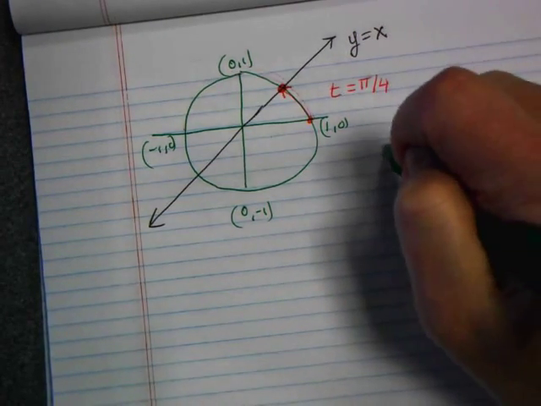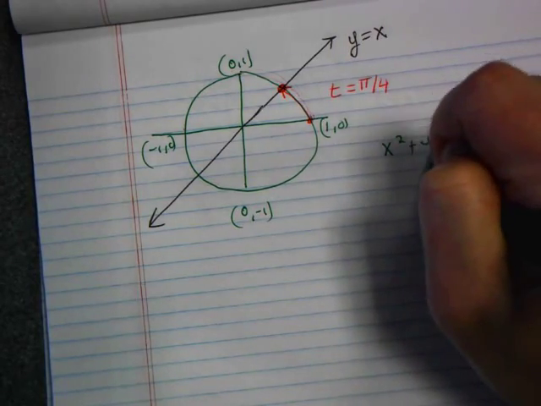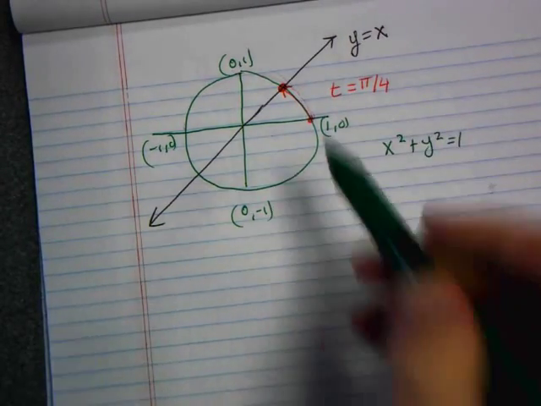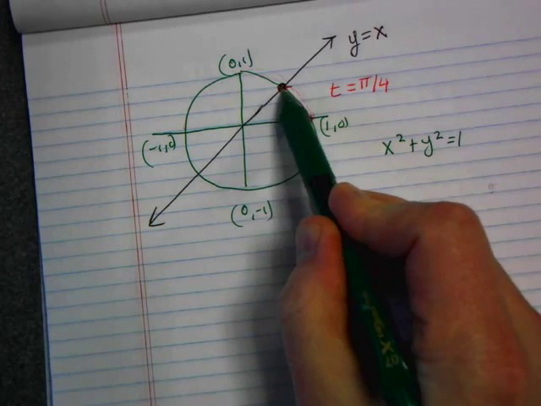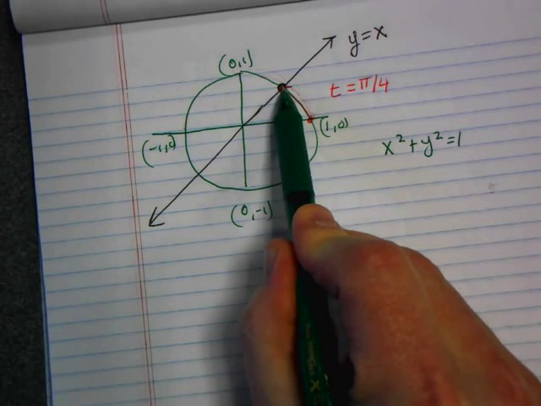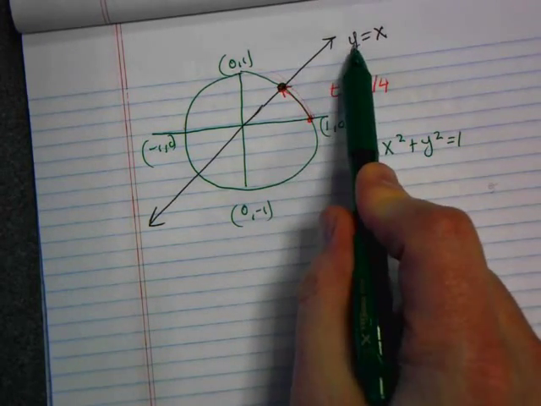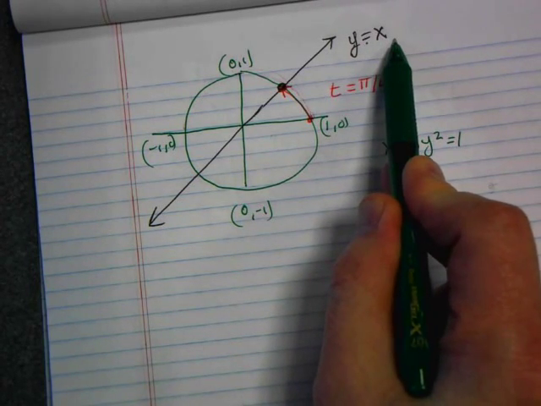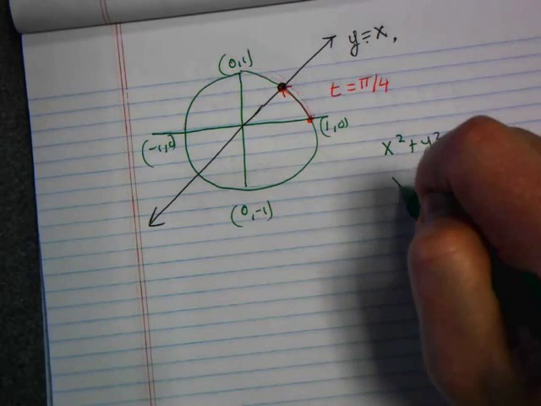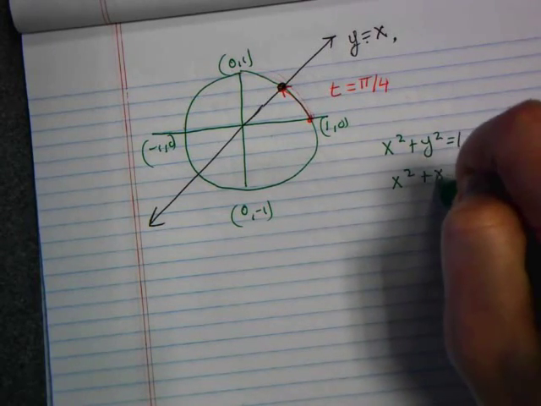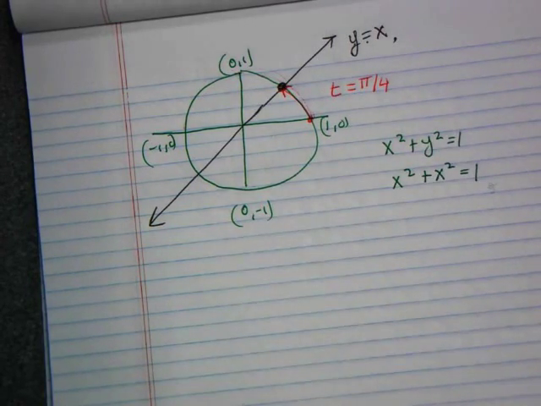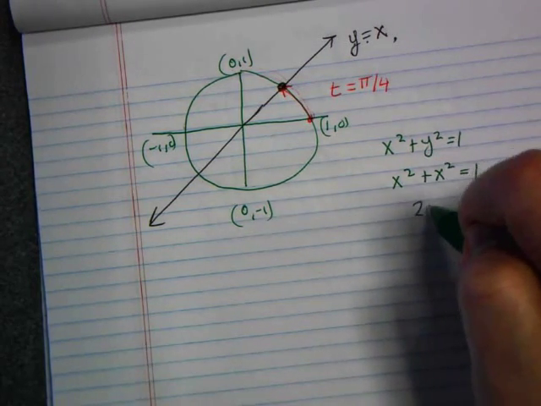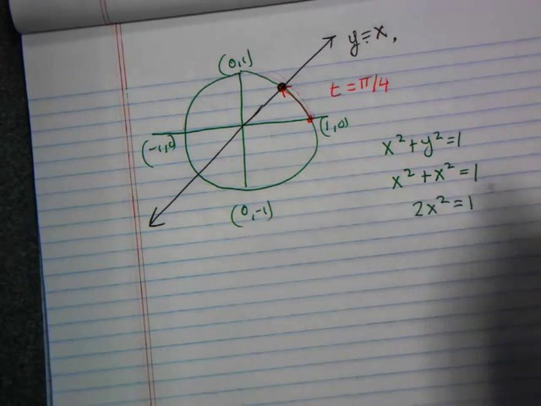Remember what our equation was again? This is x squared plus y squared equals 1. But if I'm right here, what can you tell me about x and y? Y equals x. X and y are exactly the same thing. So I could write this as x squared plus x squared equals 1. Because x and y are exactly the same number on that line. So I get 2x squared equals 1.